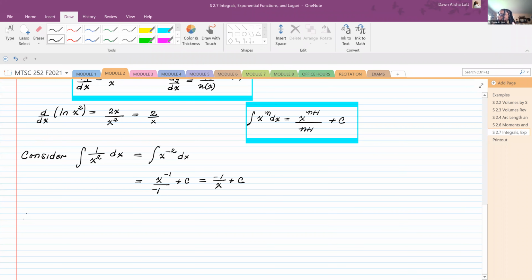But this is only true if n is not equal to -1. But if I have the integral of 1 over x dx, what is that?